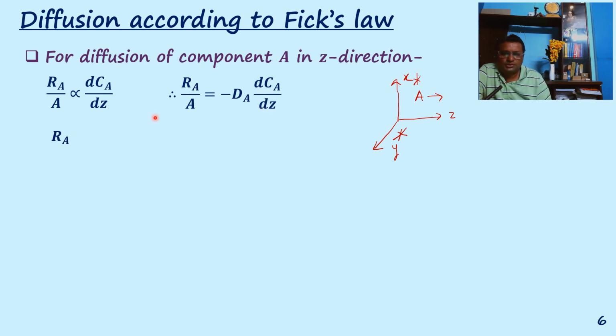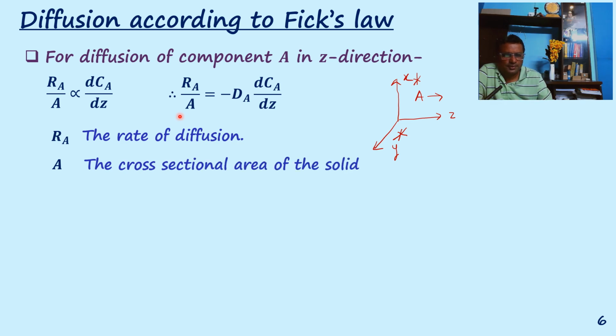What are the terms involved in the equation? Ra is the rate of diffusion, for example moles per unit time. A is the cross-sectional area of the solid. Then dCA by dz is the concentration gradient in z direction.